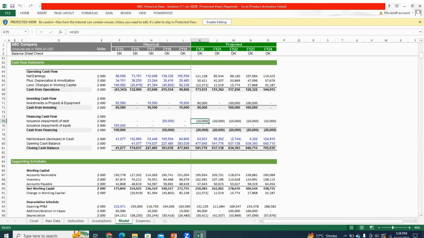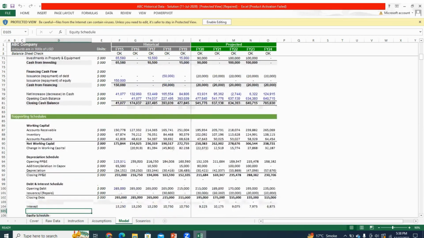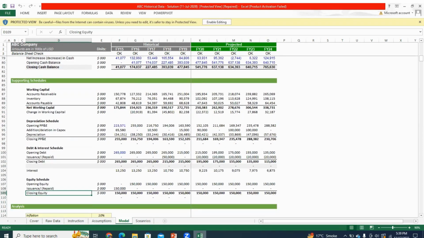So yes, the repayment of debt is part of financing cash flows. Here are the supporting schedules. See, I have the debt and interest schedule. We have opening debt, we have the issuance or repayments, then we have closing debt, and we have interest available. So these are the debts we can see using IFRS 9 or IFRS 16.